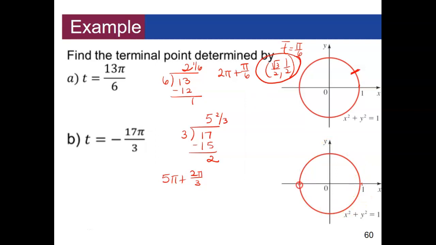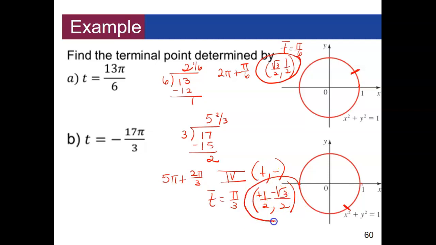So 5 pi takes me here. And then another 2/3 pi is going to take me here. So I'm actually in the fourth quadrant, which is important because I know it's going to be a positive and a negative. My reference number is pi over 3, so my coordinates are 1/2 and square root of 3 over 2. And I'm going to apply the signs plus and minus, and I have my terminal point.